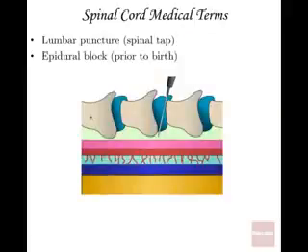Spinal cord medical terms. There are two things you may have heard of that I want to explain a little bit. A lumbar puncture or spinal tap is a way of withdrawing some cerebrospinal fluid to do certain tests. That would actually be the way that meningitis is diagnosed. So if you go into the hospital with symptoms of meningitis, they want to test for certain if you have that particular infection going on.